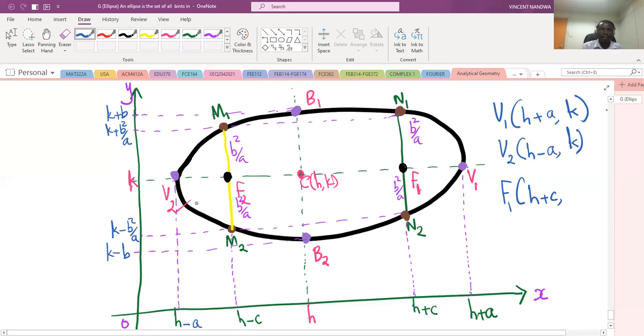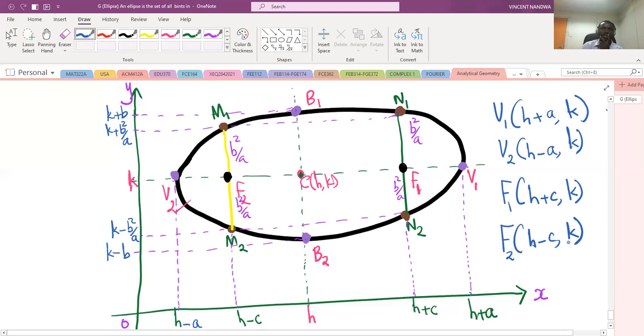Now for the foci: F1 is (h plus c, k), and then F2 has coordinates (h minus c, k), and the y value is still k.